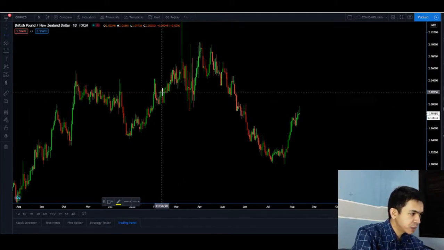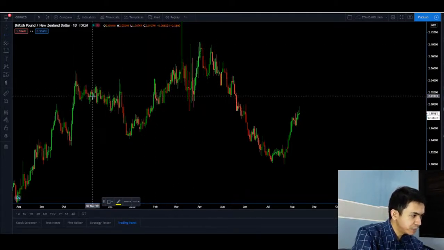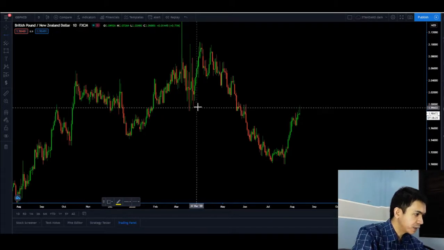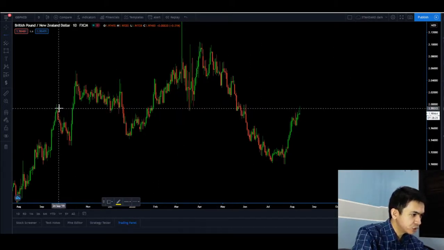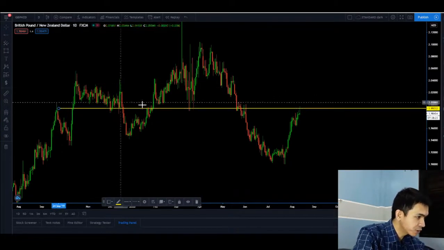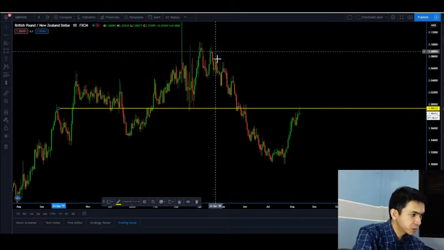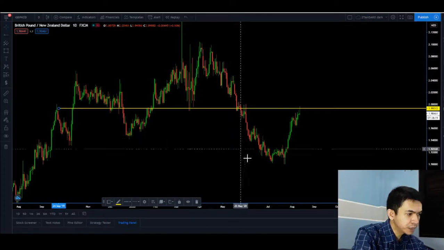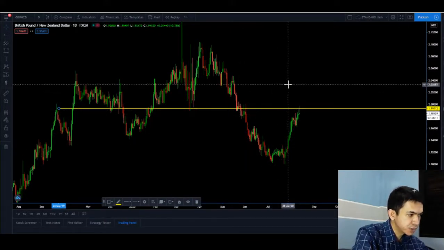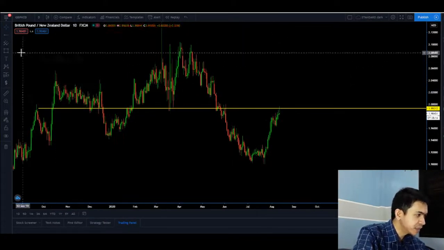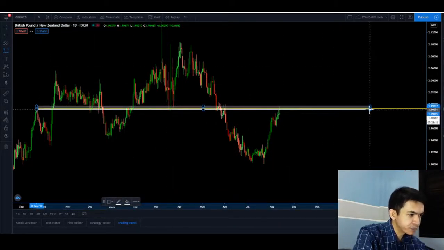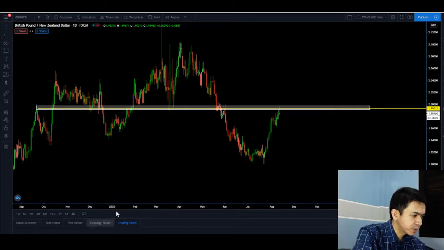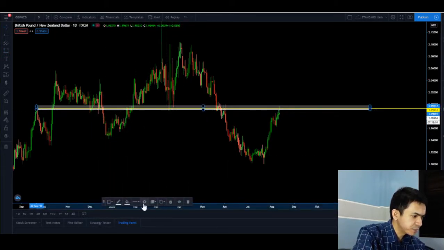We can see here at a glance a key significant support before, which got broken and probably has now become our new resistance. So I can say that this is our key significant resistance as of now. This will be my key significant resistance.